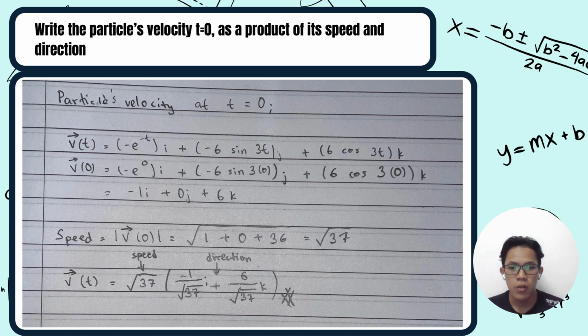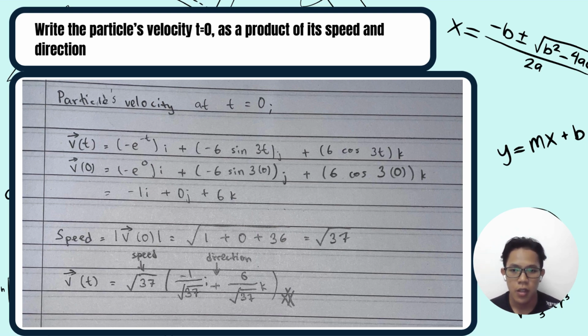Then we change t to 0, and we get negative 1i for the i, 0j for the j, and 6k for the k.